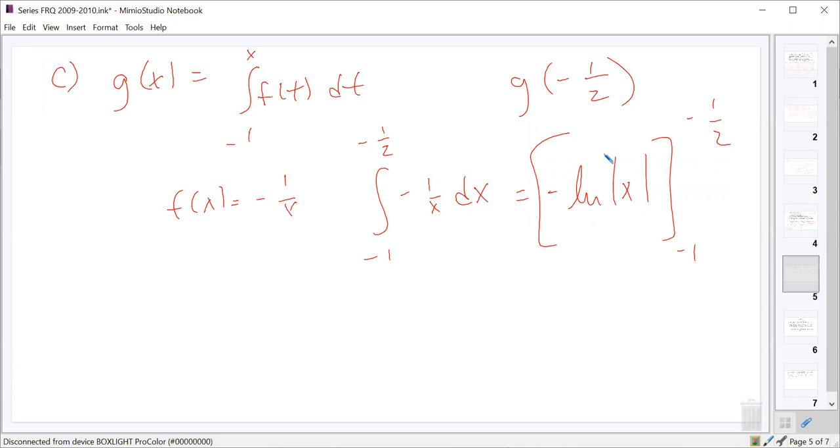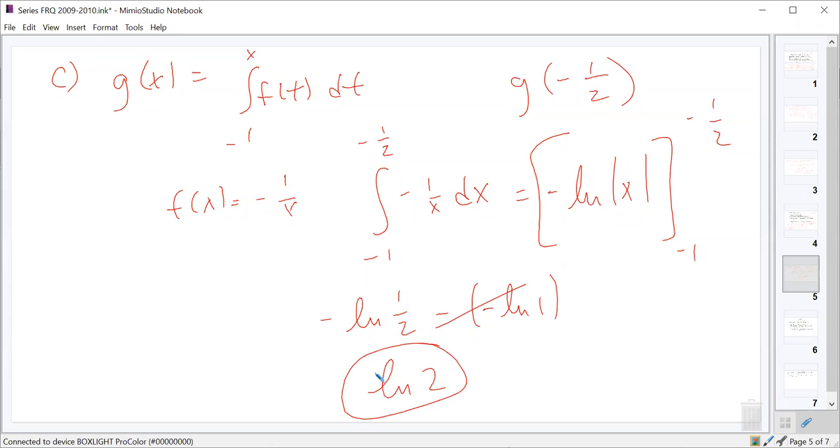And so we just end up with negative natural log of 1/2 minus negative natural log of 1. Obviously, that whole second part goes away. Negative natural log of 1/2 is a good answer, or a better answer would be natural log of 2.